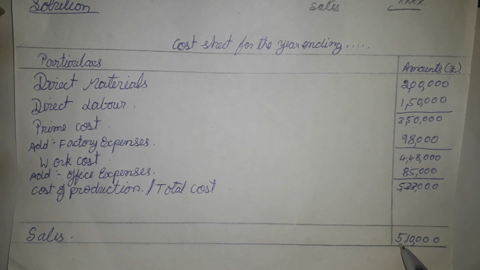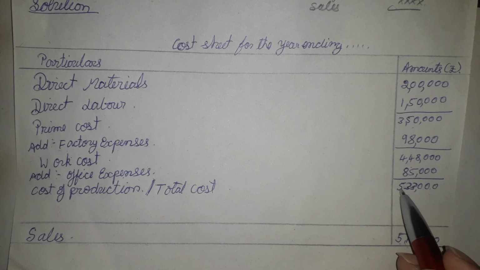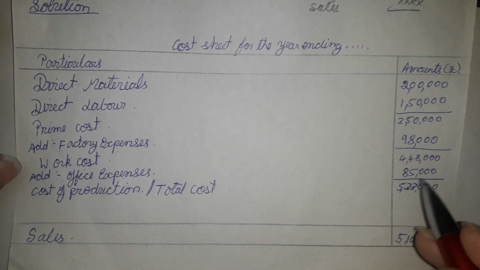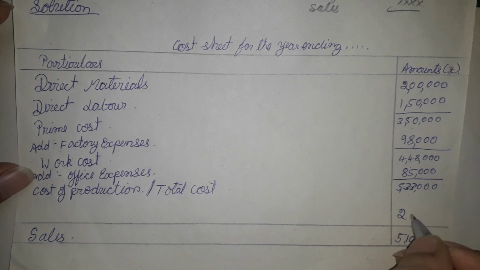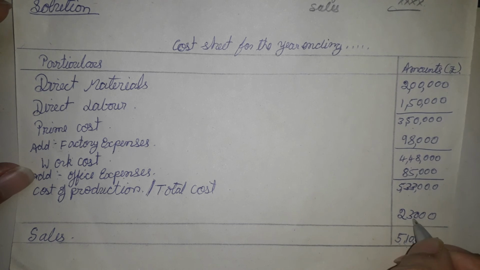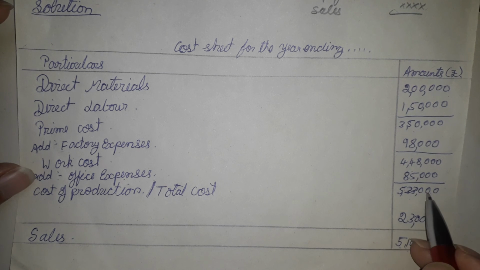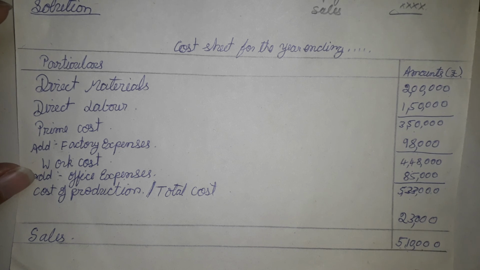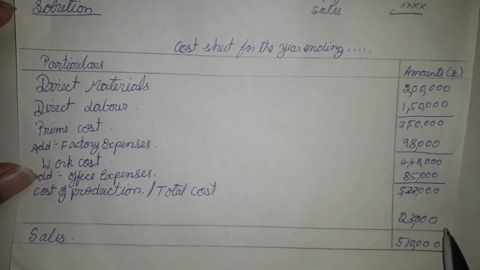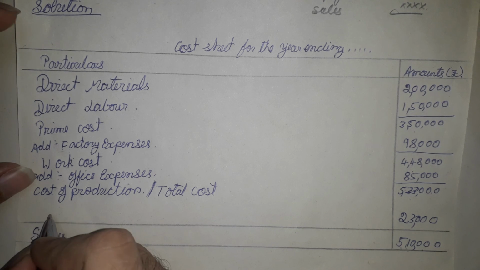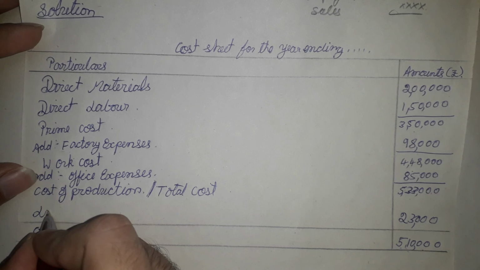So our total sales is 5,10,000 minus 5,33,000 will give you 23,000. It is a negative figure because our sales is lesser than our cost, or you can also say cost is more than our sales. Our total cost is more than our sales by 23,000. So you have to record this as loss, right?